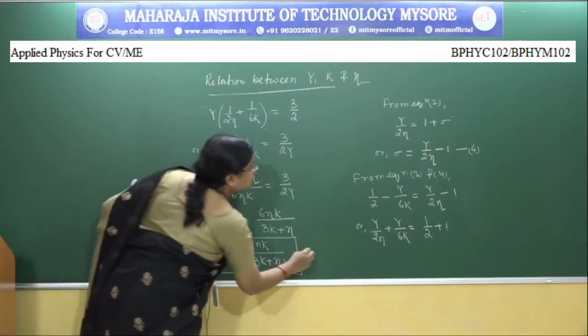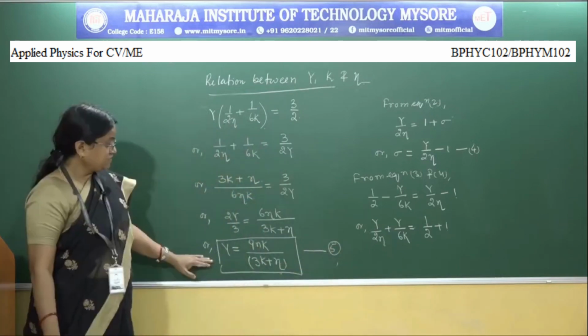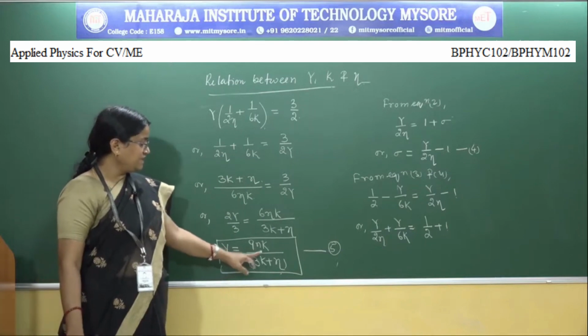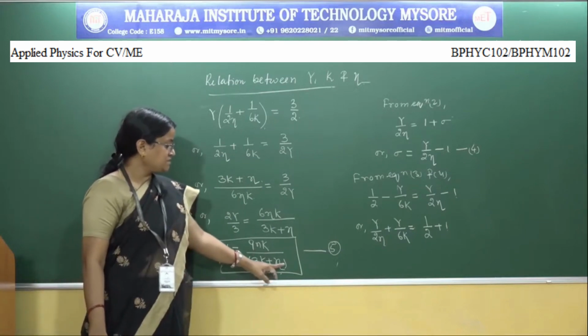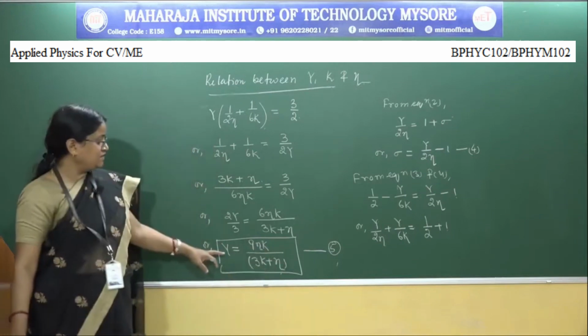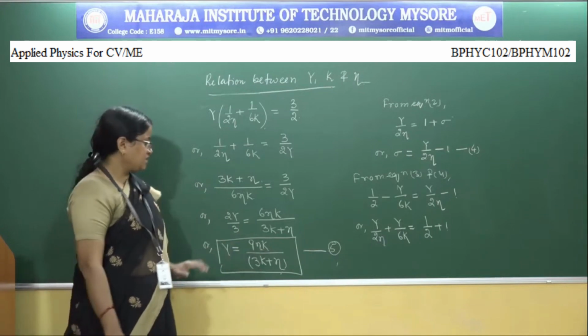So, equation 5. What is it? Y is equal to 9 eta k divided by 3k plus eta gives the relation between Young's modulus, rigidity modulus and the bulk modulus.